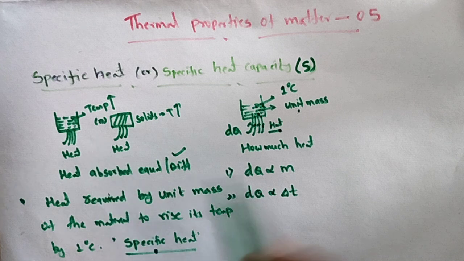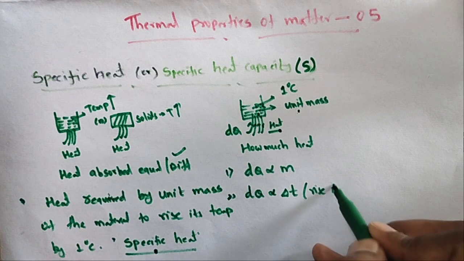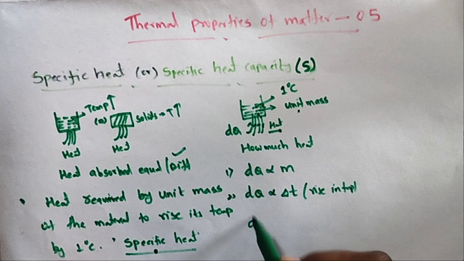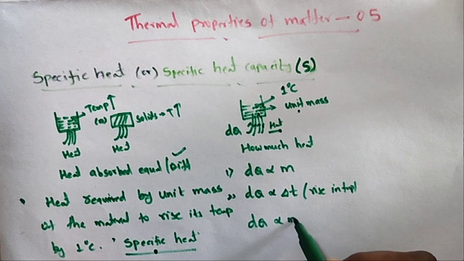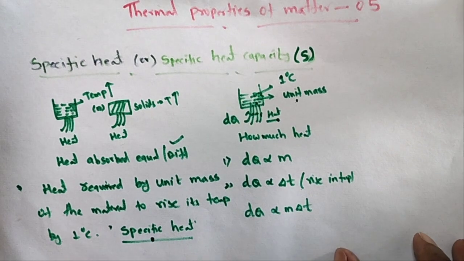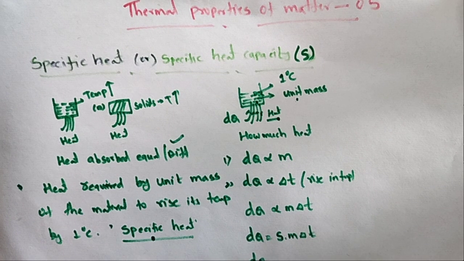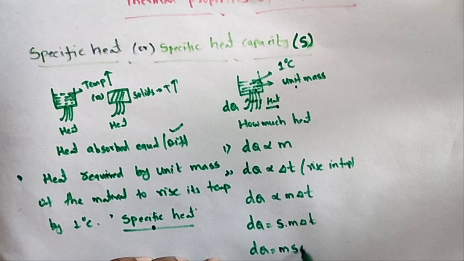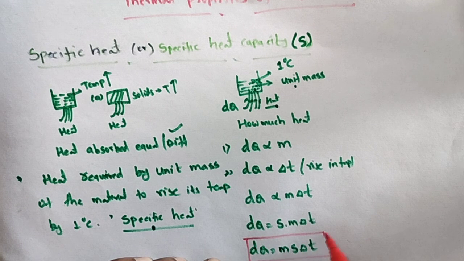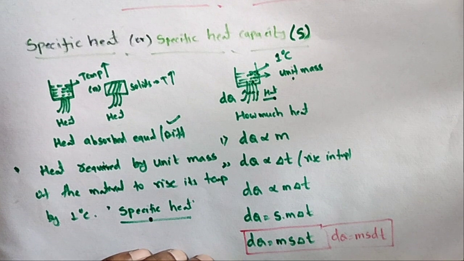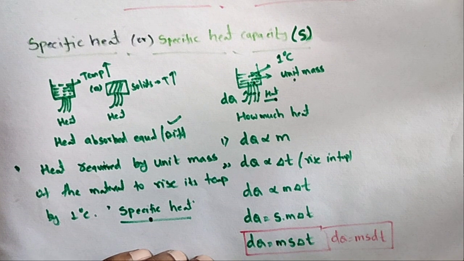So dq is proportional to m into dt. Finally dq is equal to s into m dt, so dq is equal to ms dt, or dq is equal to ms delta t.